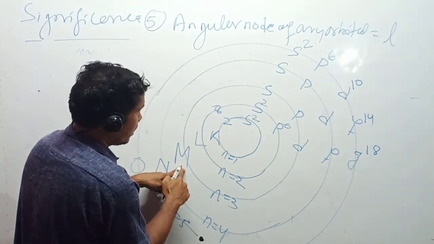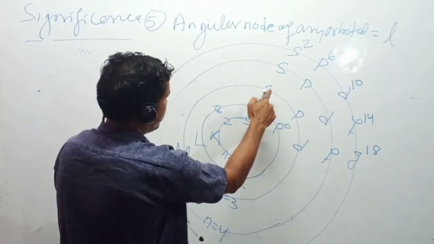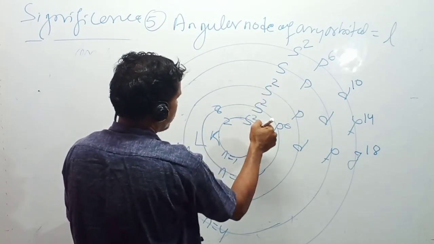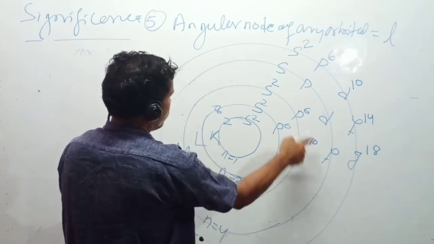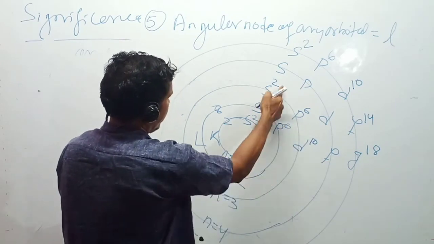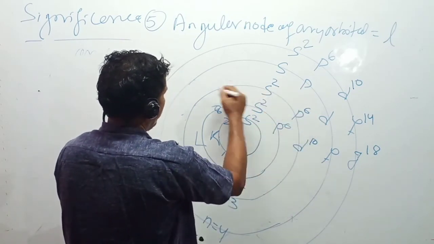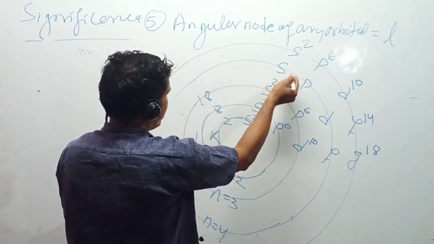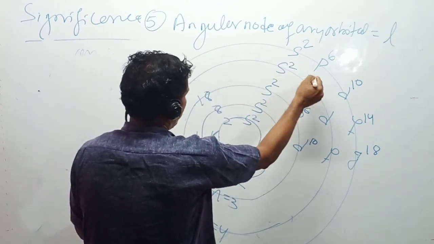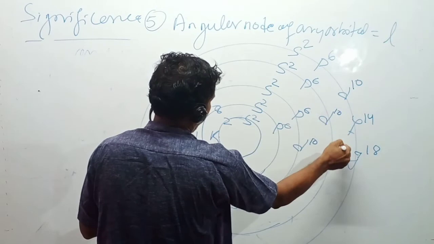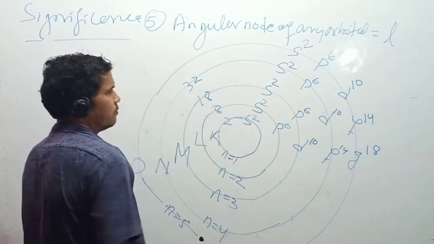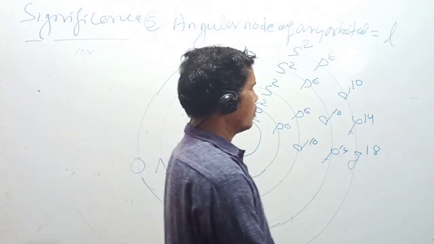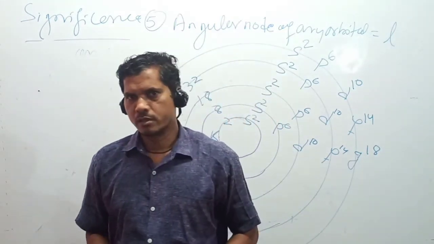Come to the third shell: subshells will be 3, s, p and d. s contains 2 electrons, p contains 6, d contains 10, so the total in the third shell, s plus p plus d, will be 18 electrons. Like this, s2, p6, d10, f14, it will be 32 electrons. So anyway, you can understand it. The azimuthal quantum number is finished.